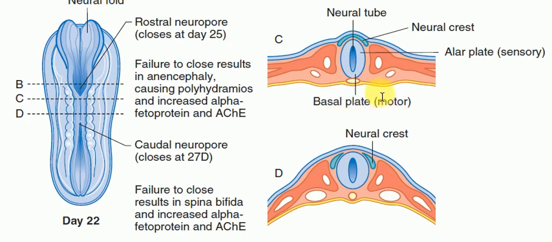All the primary sensory neurons, the neurons which collect information from the outside environment, will be restricted to the posterior or dorsal portion, the alar plate of the neural tube, and all the motor fibers will come out of the basal plate, the anterior portion. These two plates are separated from each other by the sulcus limitans.